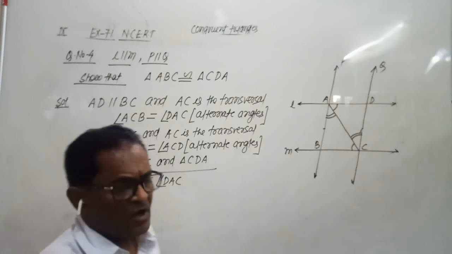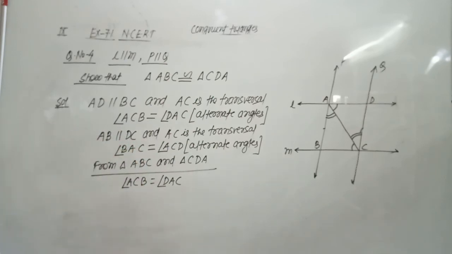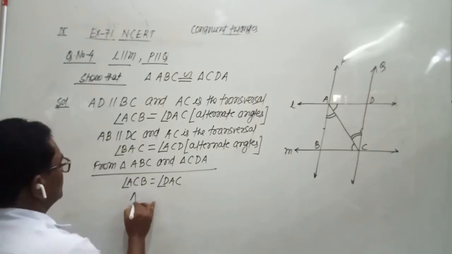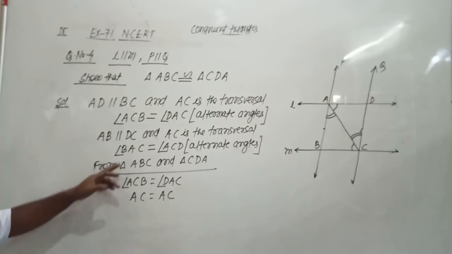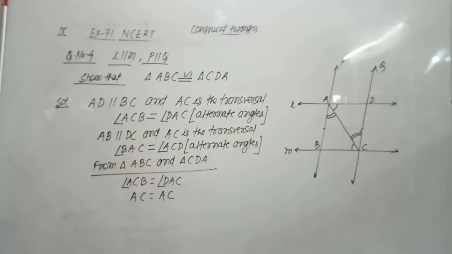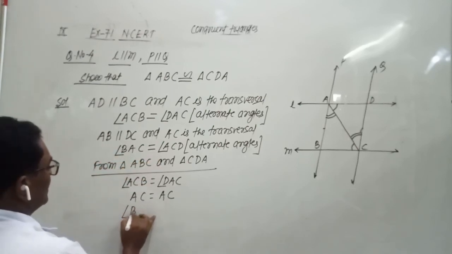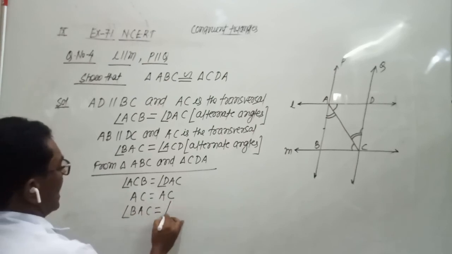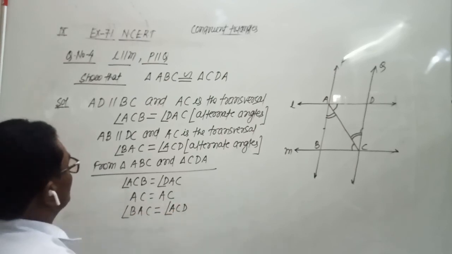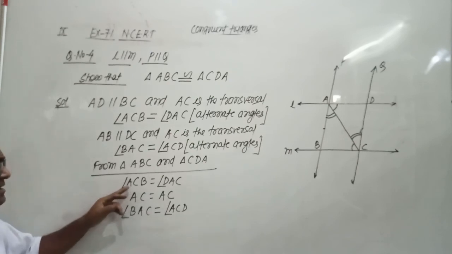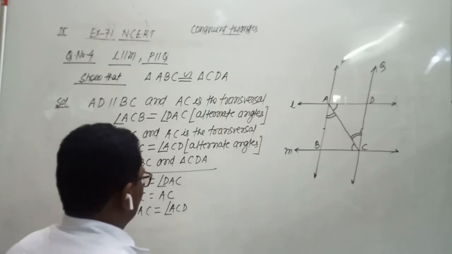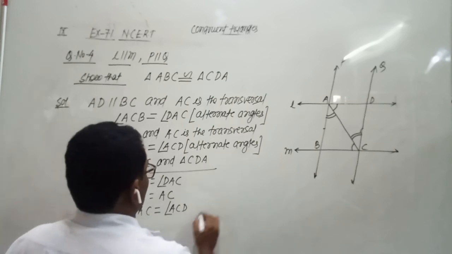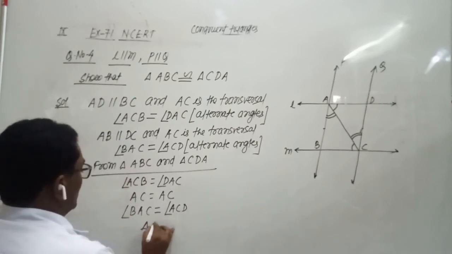And AC is the common side for both triangles, AC equals AC, and angle BAC equals angle ACD. So by ASA, angle side angle, these two triangles become congruent.